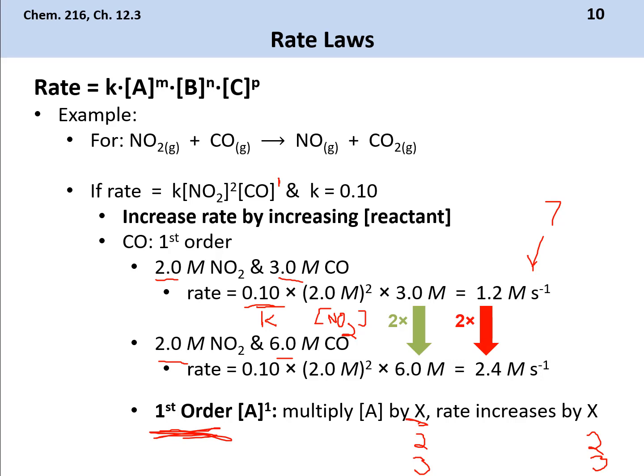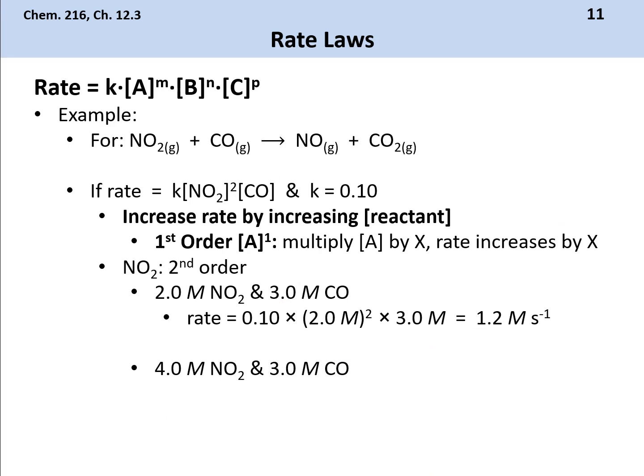That's first order. Let's look at second order. This reaction is second order with respect to NO2, since it's NO2 squared. We already did this calculation: rate equals 0.1, that's our K, times 2 squared times 3, which is 1.2 molar per second.